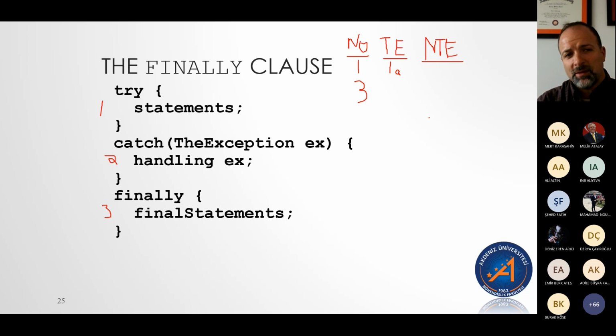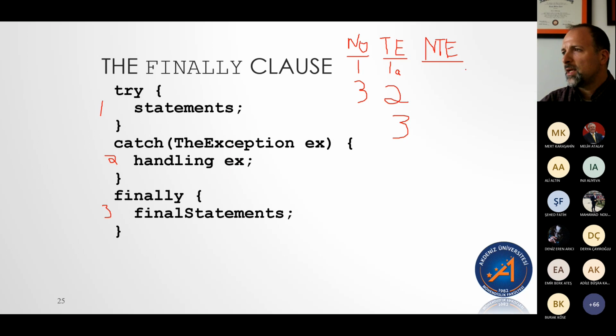So some of the statements do get executed, but not all of them. We go into the catch block because it's of the type, right? So then 2 is executed, and then finally executes. So then 3.